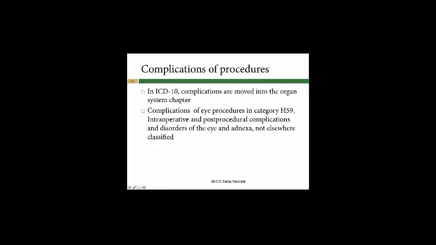Some other more systemic codes, like sepsis, some postoperative infections that are more systemic, are in the chapter with trauma, because the trauma chapter is actually called injury, poisoning, and certain other consequences of external causes. But most of the complications that you would be working at would be at the end of chapter 7 for the diseases of the eye. And these include complications of eye procedures, intraoperative and post-procedural complications.